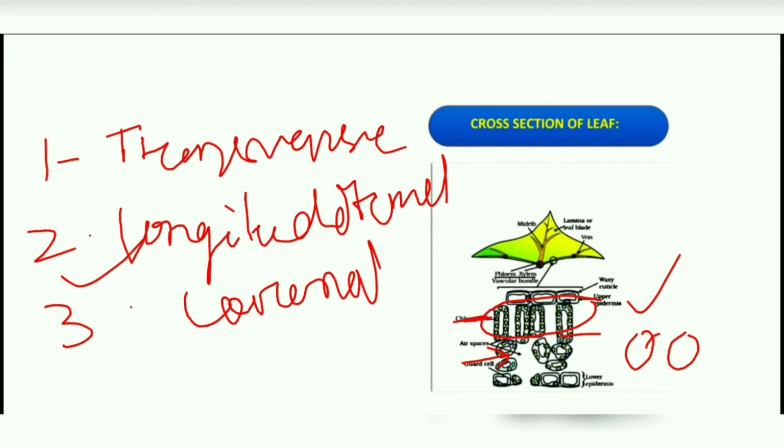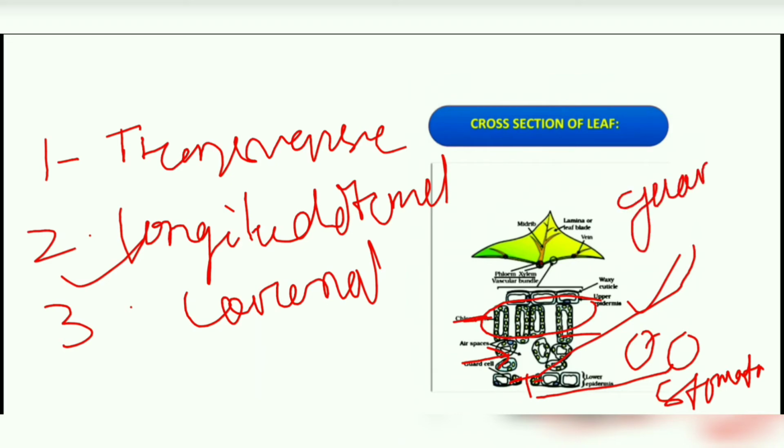The pore is called the stomata, and these structures on both sides are called guard cells. The pores present under the leaves are called the stomata, and the two sides are the guard cells.